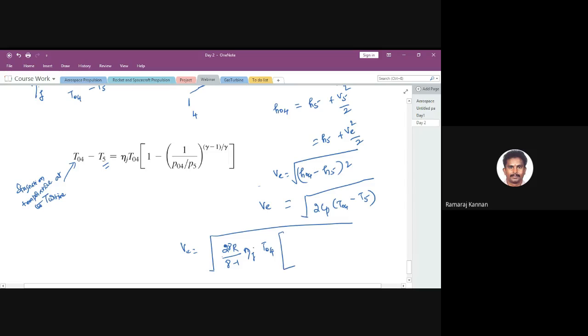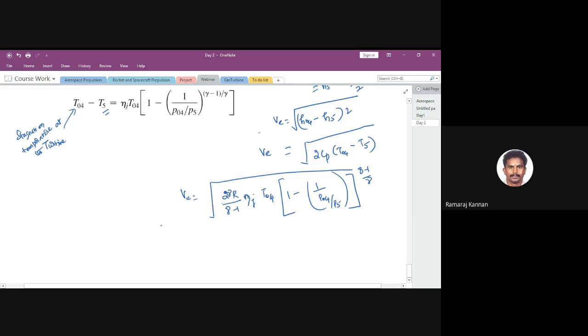And if you know the pressure drop across the nozzle, P04 by P5, I can find out my exit velocity.